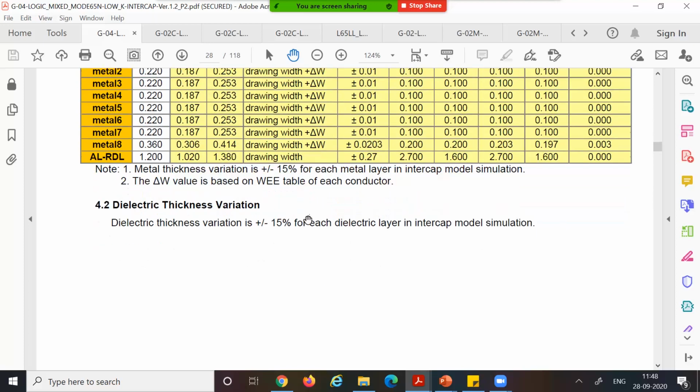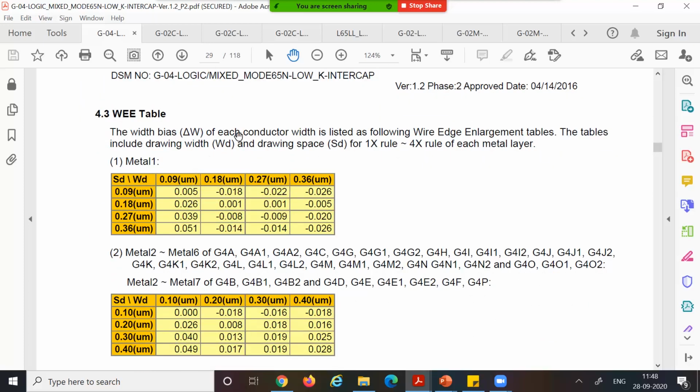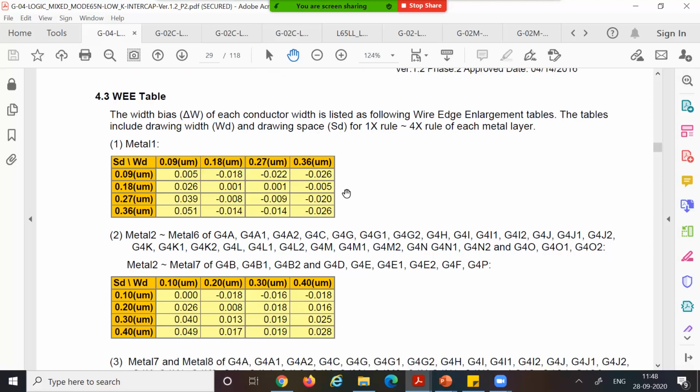And this delta W is some table they have, the width bias of each conductor, which is called the wire edge enlargement table. These are all from the foundry, where they have measured these things over a large number of dies and come up with these values.